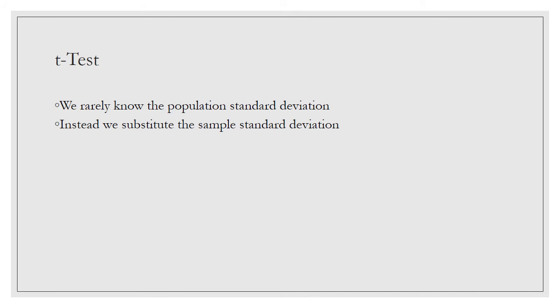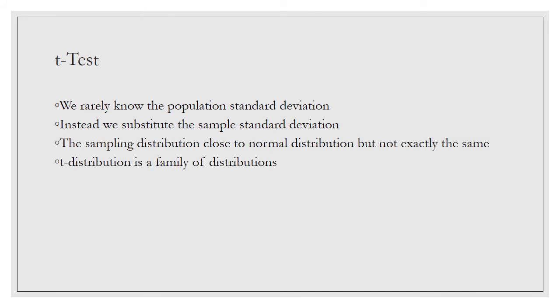But in general, instead of having a population standard deviation, a population value, we substitute it with the sample standard deviation. This substitution gives us a distribution that looks a whole lot like the normal distribution, but it's not exactly the same. It's just very similar. As a matter of fact, of course you can't have this, but if you somehow had a sample that were infinitely large, it would look identical to the normal distribution.